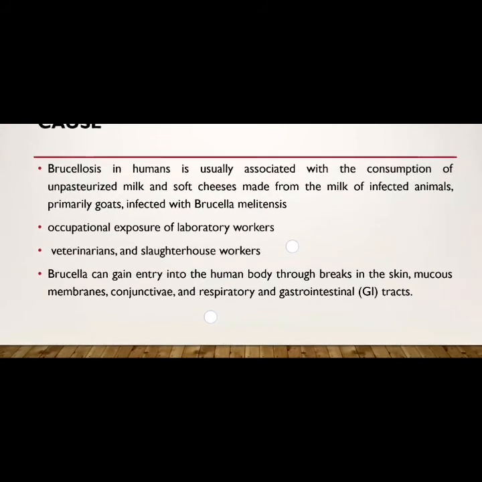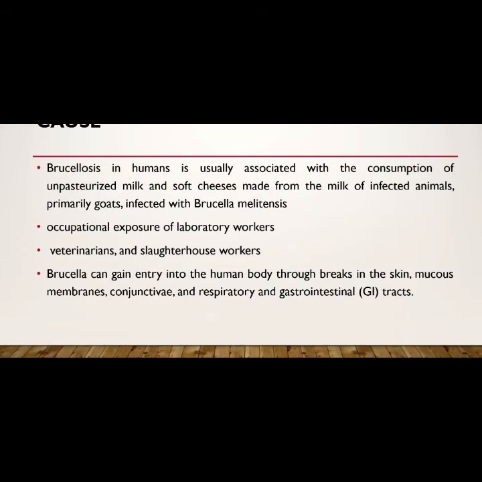Now, brucellosis in humans is usually associated with the consumption of unpasteurized milk, as I mentioned, and also soft cheeses made from the milk of infected animals, primarily goats infected with Brucella melitensis. So dairy products are the source for this type of infection.